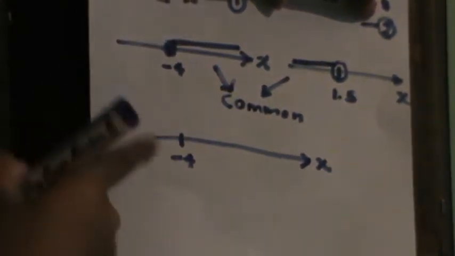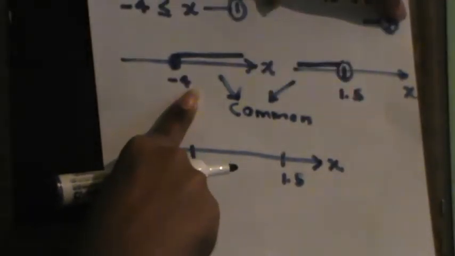So in order to find the common range, I have to draw both these inequalities, both these value ranges, within a single number line, and see what happens when I draw them. So if I have some inequality here x, I will get minus 4 here, because minus 4 is greater than 1.5. I have to draw minus 4 first, and then 1.5 here.